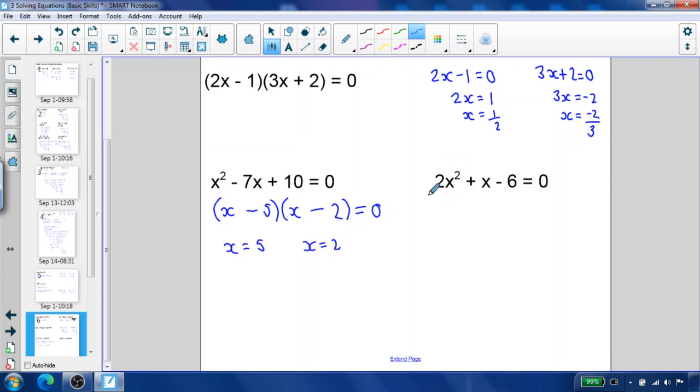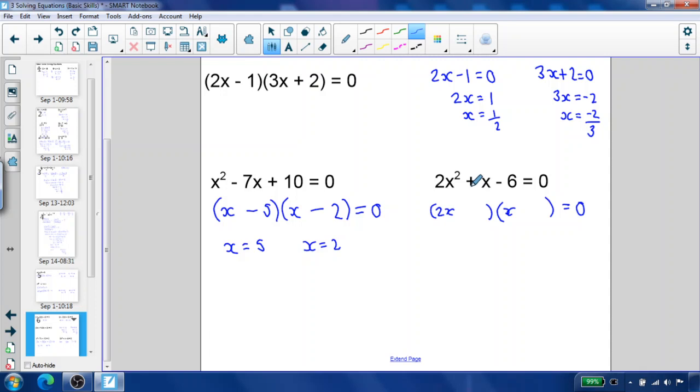Slightly more challenging, because we've got a coefficient different to 1 here. So I'm going to have 2 brackets still, equal to 0, but we're going to have a 2x in one and an x in the other. So think about what we need to have here. Well, we could have 6 and 1 as factors of 6, or 2 and 3 as factors of 6, but we need to get a positive 1x.